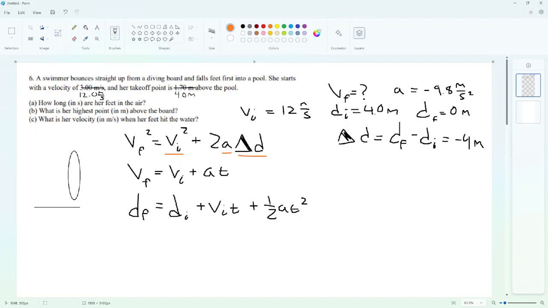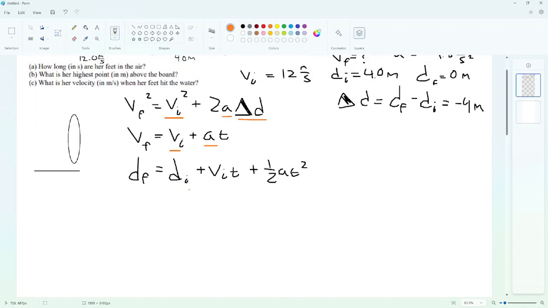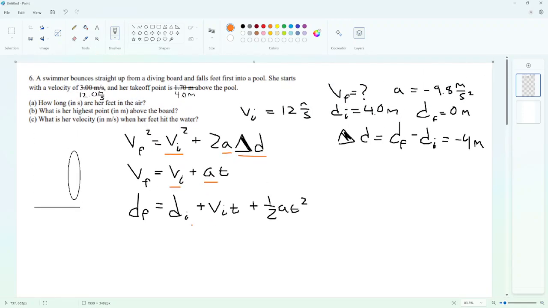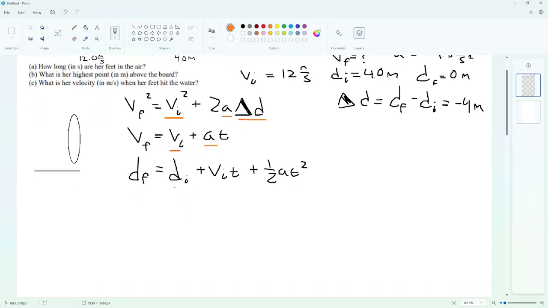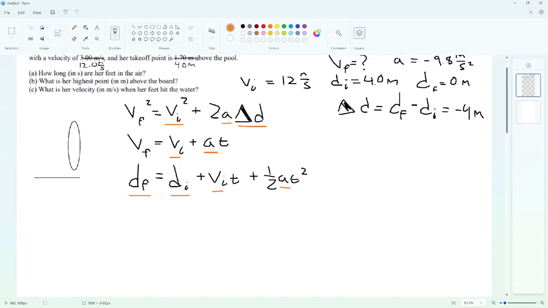We do not have final velocity. We do not have time. We do have distance initial, velocity initial, acceleration, and distance final.